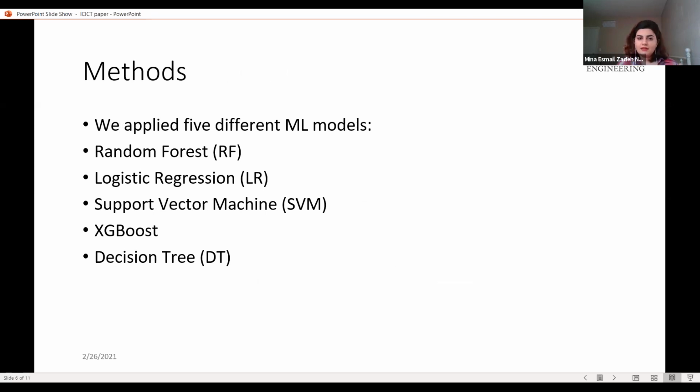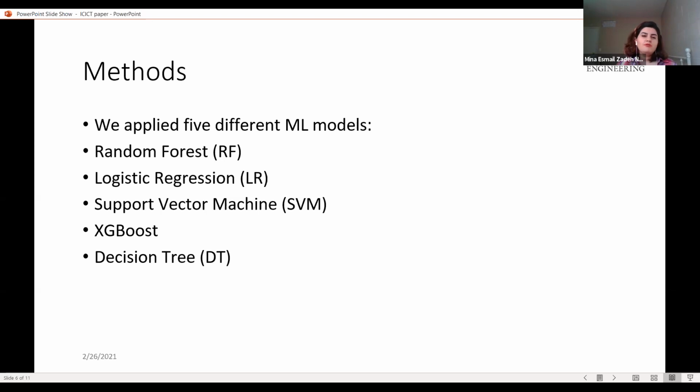Then we fed the TF-IDF matrices to different machine learning methods like random forest, logistic regression, support vector machine, XGBoost, and decision tree. It's a pretty common approach, I guess, because we have read a lot of papers that use different machine learning methods to find which one works better.